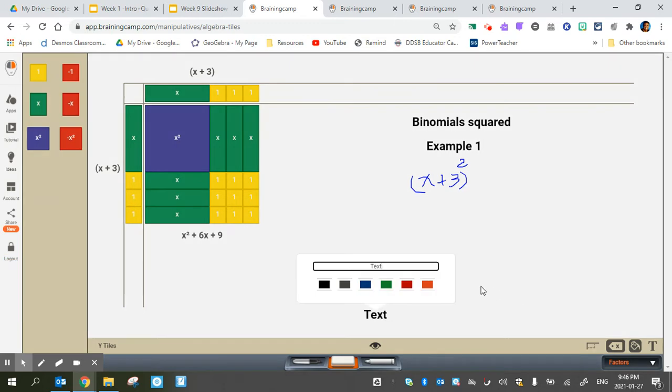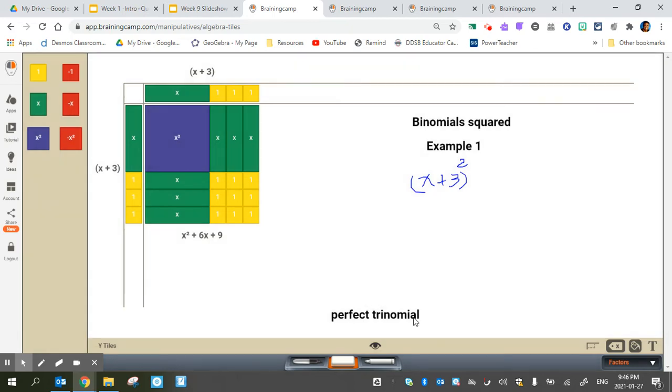These types of trinomials are called perfect trinomials. So this is a perfect trinomial, this x squared plus 6x plus 9. And all it means is that this trinomial came from squaring a binomial.